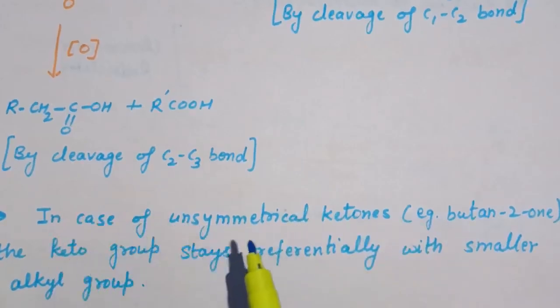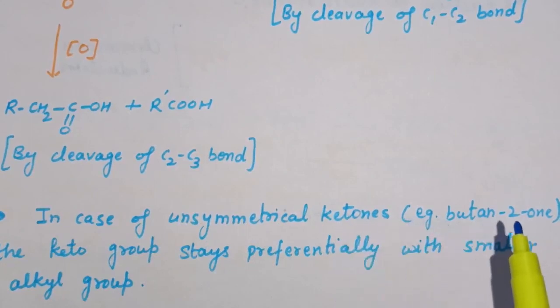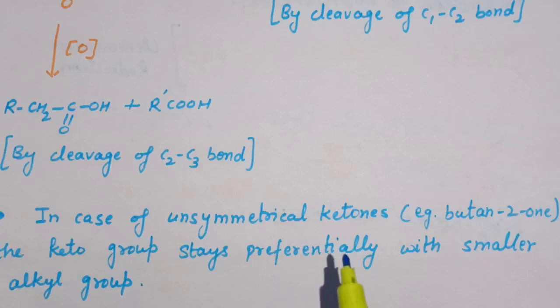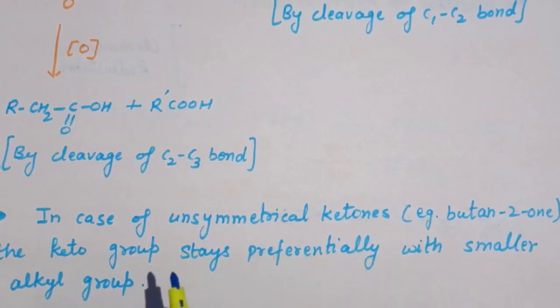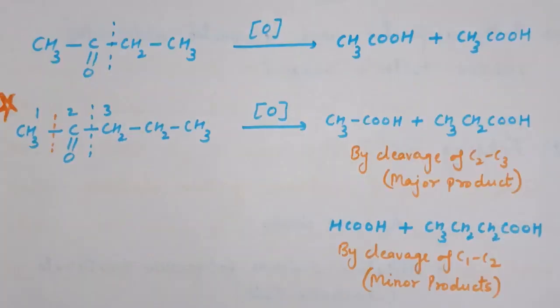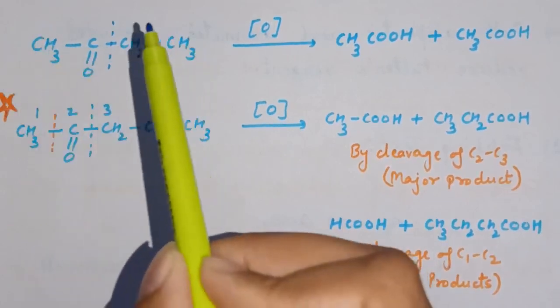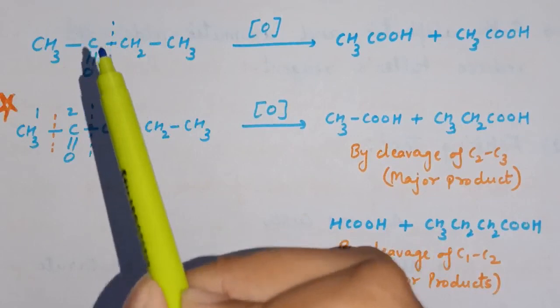In case of unsymmetrical ketones, for example butan-2-one, pentan-2-one, the keto group stays preferentially with the smaller alkyl group. For example, this is an unsymmetrical ketone, here methyl and ethyl groups are attached to the carbonyl group.